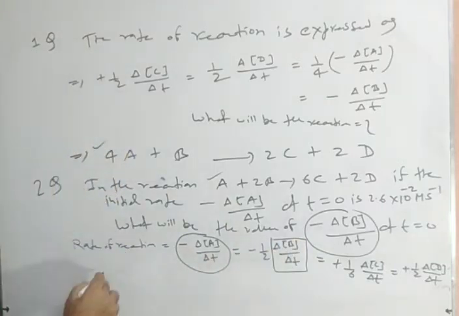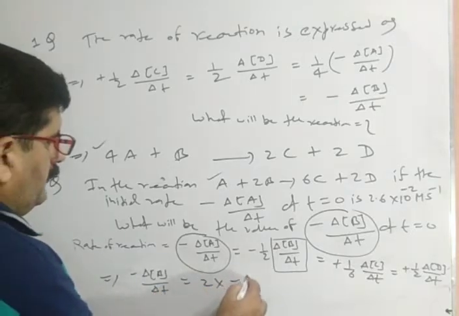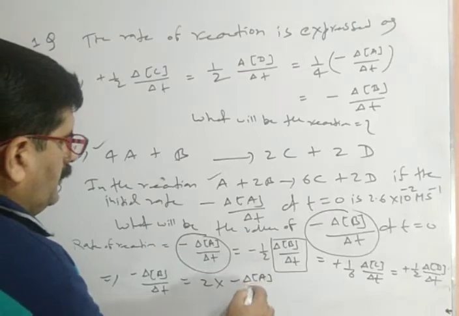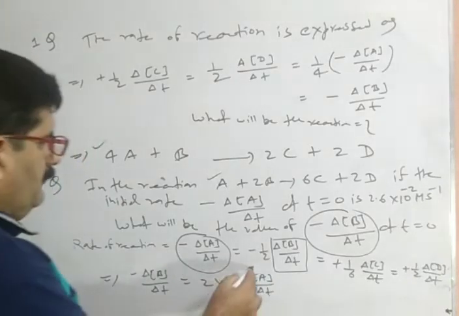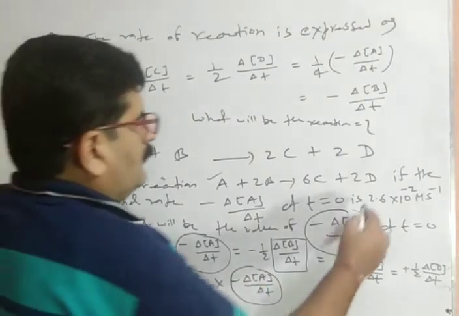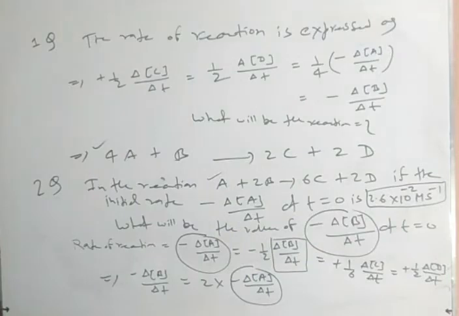So we can write minus delta B by delta T is equal to 2 times of minus delta A by delta T. And this is given, that is equal to 2.6 into 10 to minus 2.